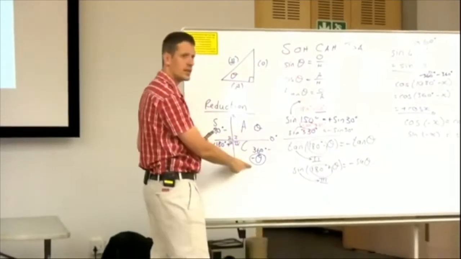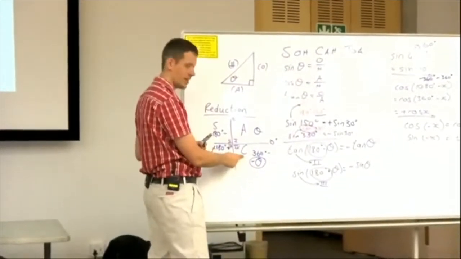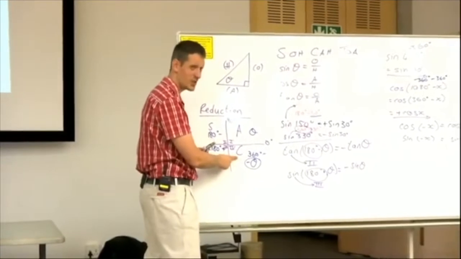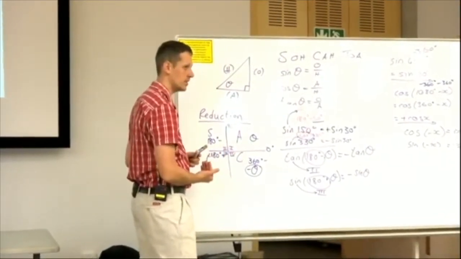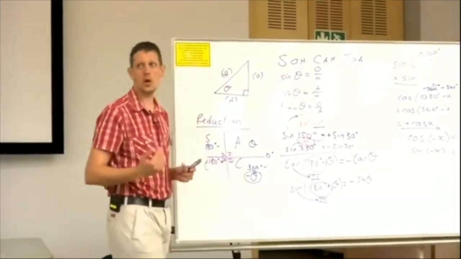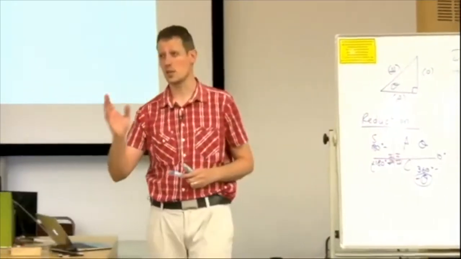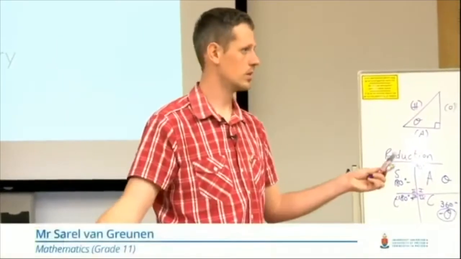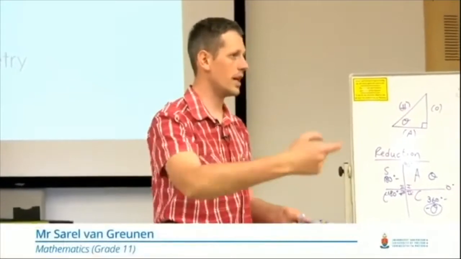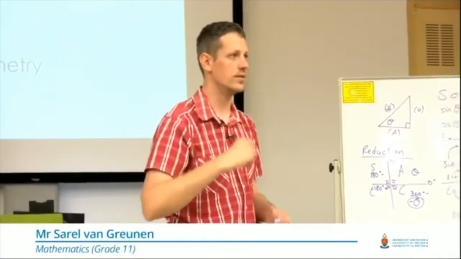But in the fourth quadrant, would sine be positive or negative? Negative. Okay? Now for those of you that don't want to work this way with negatives, I'm going to show you another trick. Just add 360s until the angle is positive.